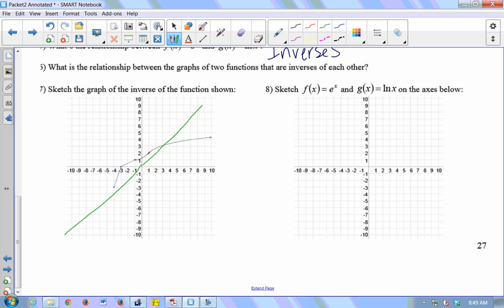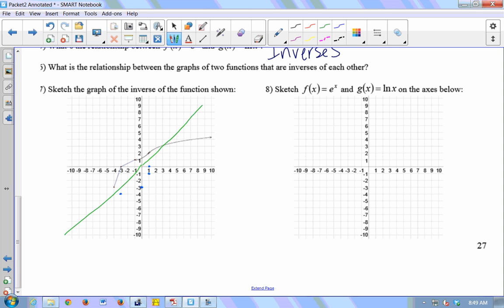So this point here on the y-axis at 0, 1 would become 1, 0. And negative 1, 1 would become 1, negative 1. And here this negative 3, 0 would become 0, negative 3. And this point negative 4, negative 3 would become negative 3, negative 4.